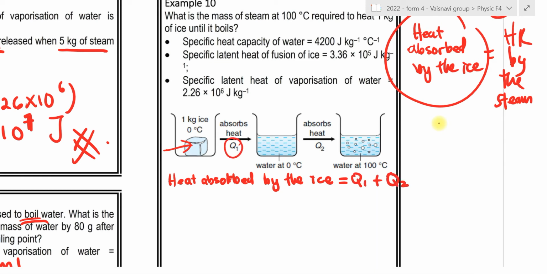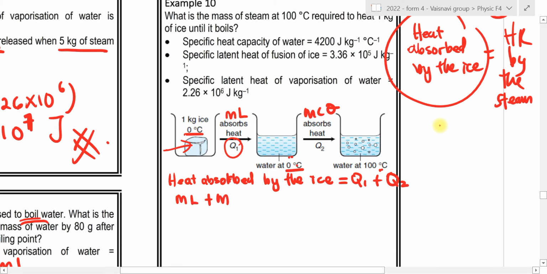For Q1, the ice changes to water at the same temperature, so we use ml. Then from 0 it rises to 100, so mc theta. The mass is 1 kg. ml plus mc theta.